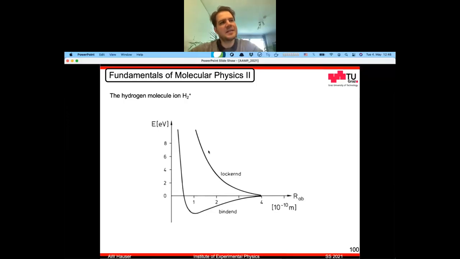It's a simple first introduction and a comparably simple problem because we only have one electron, right? So we don't have to worry about electron-electron interaction here. So this will be the next step in our extension. So that's the introduction, H2+.